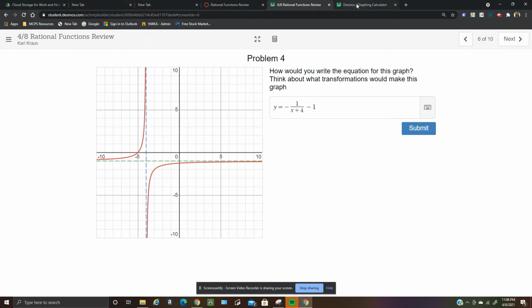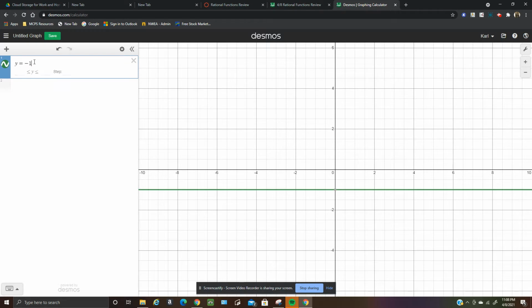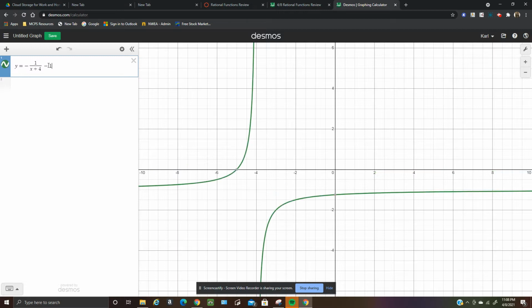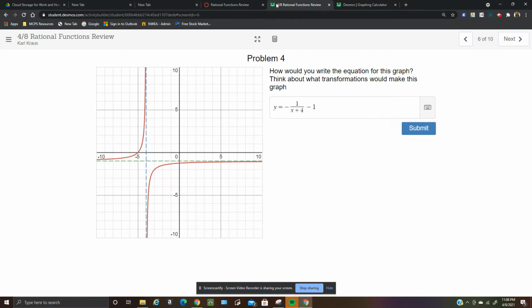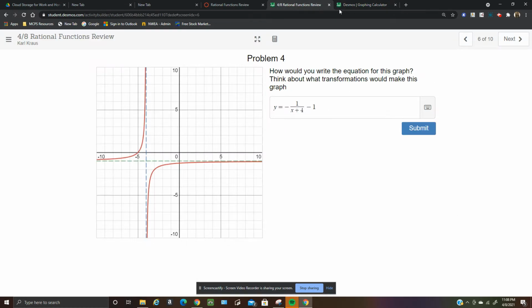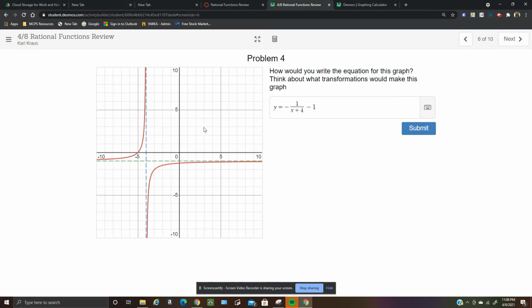You can always check with a calculator here, so negative 1 over x plus 4 minus 1. Looks like that. And so the scale is a little bit different, but those are identical.